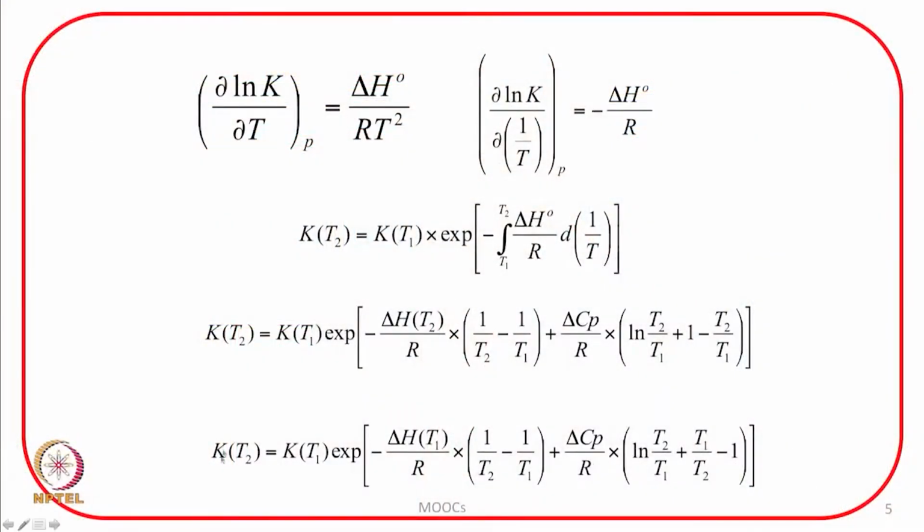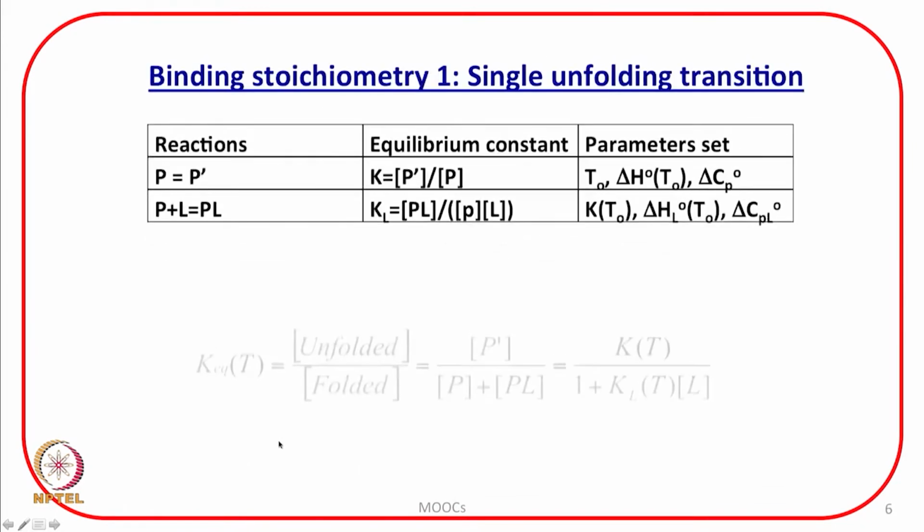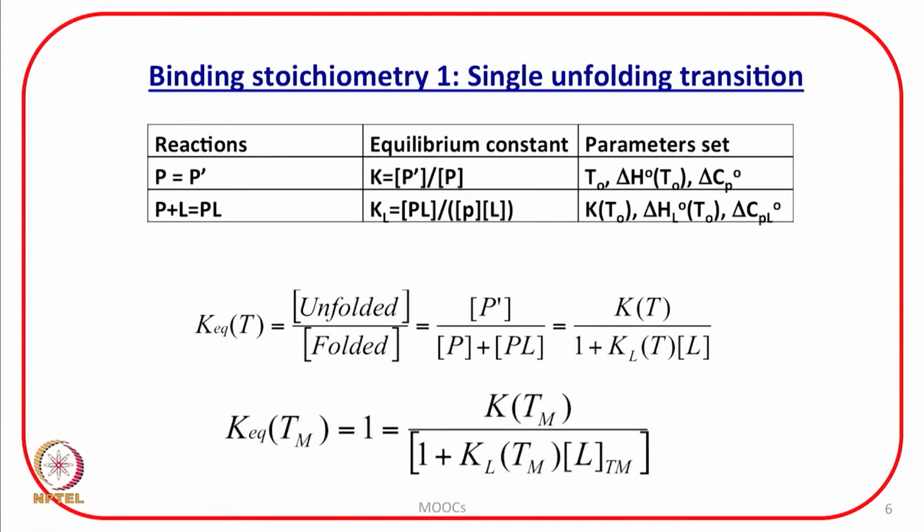You see, these two equations connect the value of K at any temperature with the value of K at an initial temperature and the corresponding values of enthalpies, heat capacity changes and the temperatures. So, by making use of these equations, we will extend our discussion to derive further properties. So, what we have at present is this expression.